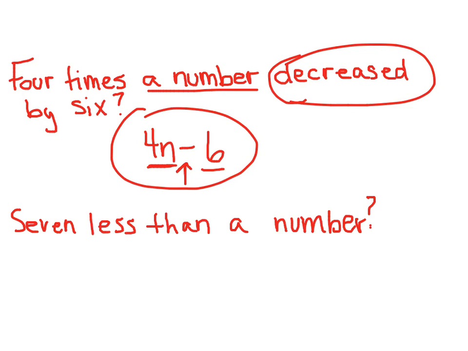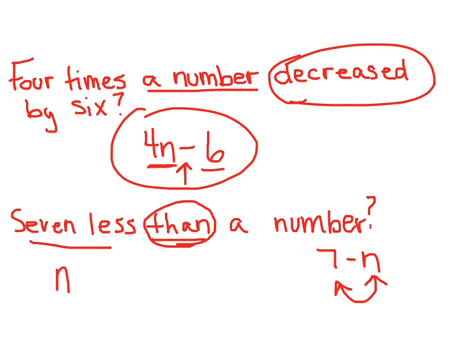Okay, the next one, 7 less than a number. Than is a switch word. It means you're going to have to switch your constant and your variable. So it says 7 less than a number. You would think it's going to be 7 minus n, but no, it's a switch.